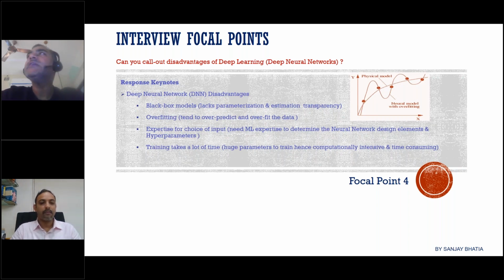So the next thing is that it requires a lot of expertise. Expertise means that somebody needs to learn the methodology very well, to do the experimentation: what kind of architectural design a network should take, and what the hyperparameters of the neural network should be, like the number of layers or the number of neurons within each layer.